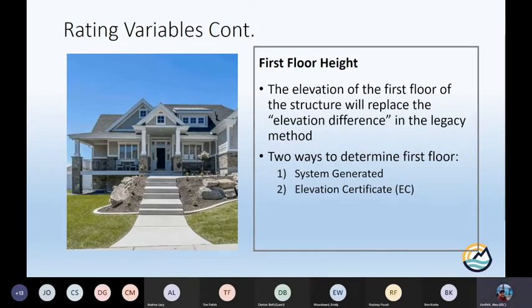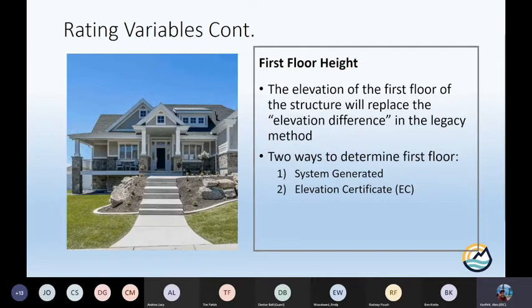One of the changes, though, is FEMA has decided that with this first floor height, whichever method is most favorable to the policyholder is the one that's going to be used when calculating your rate. So they're going to give folks the benefit of the doubt.